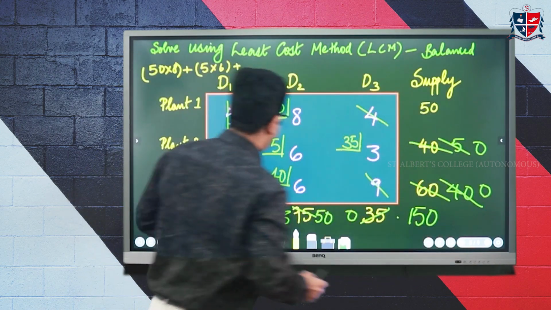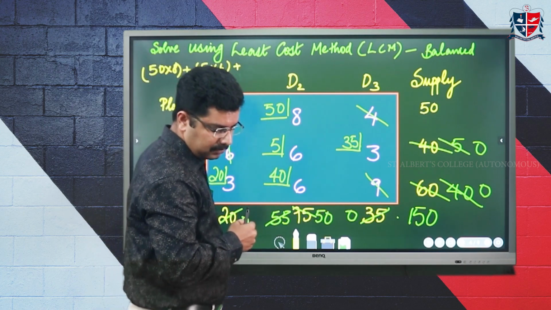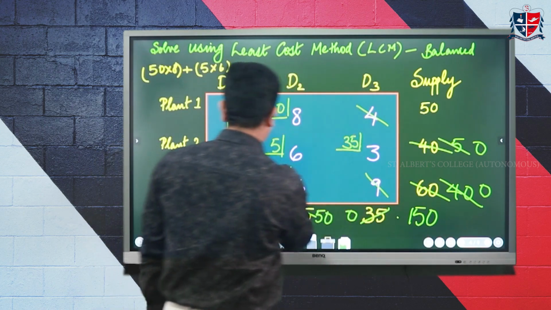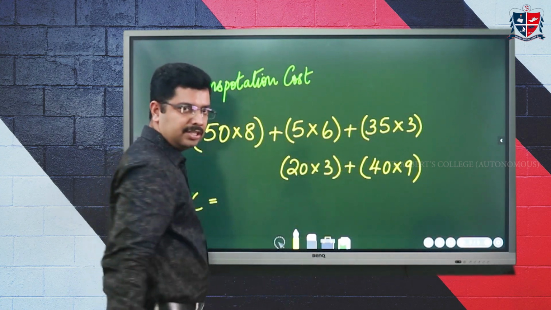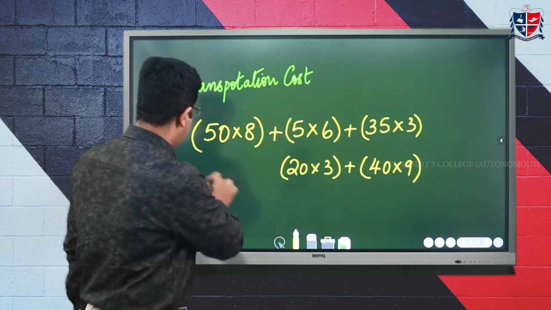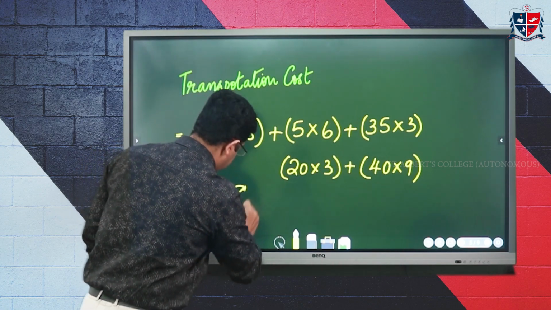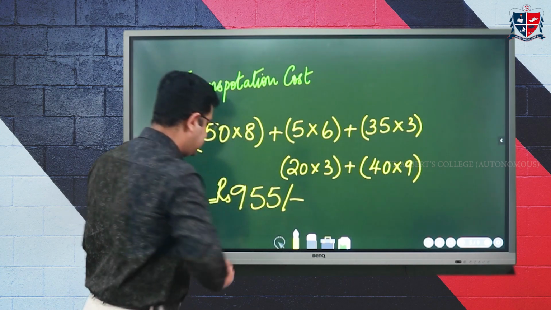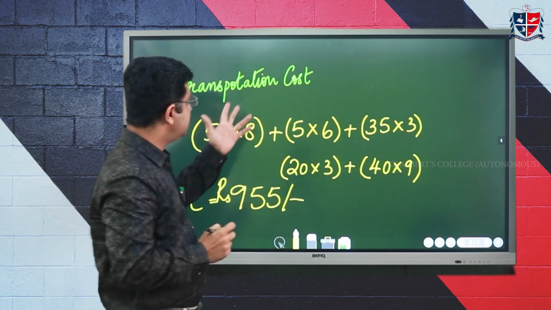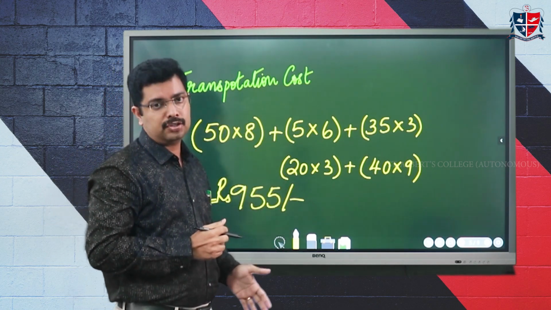How did we get this? Wherever there is an allocation, you just multiply it by its cost. How many allocations are there? 1, 2, 3, 4, 5. Allocations are all done, and finally, when you find the total, it becomes 955. It could be rupees 955. So this is the transportation cost while solving through the least cost method.